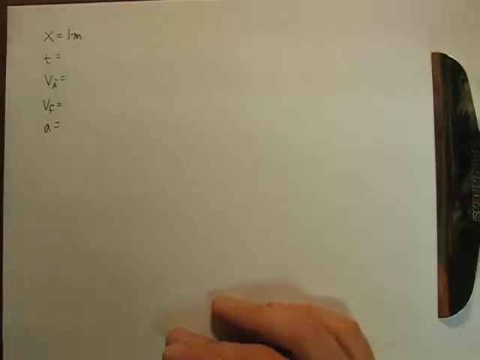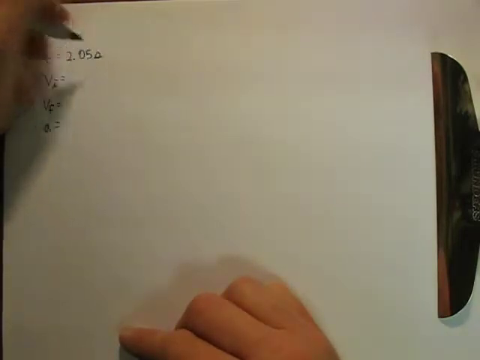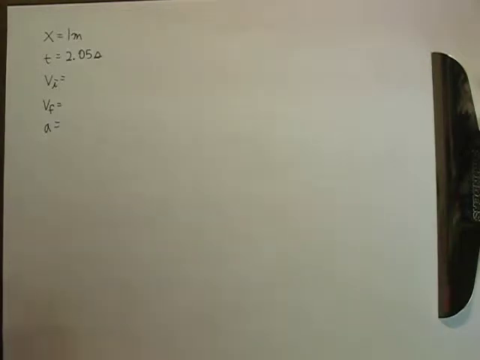Now, what do I know? What did I measure? Well, I measured that the distance that it ran along the incline was 1 meter. And when I averaged out the times, roughly speaking, the times were about 2.05 seconds. Now, in order to solve this, I need a third piece of information.